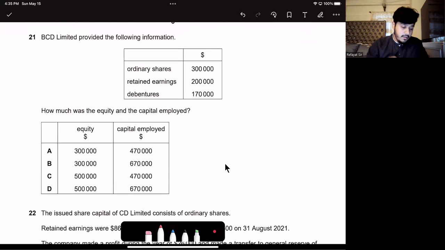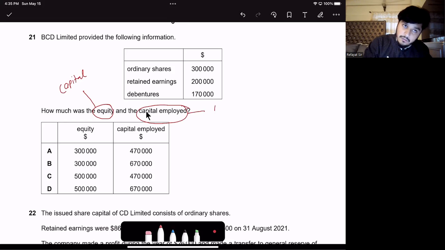Number 21. BCD Limited provided the following information: ordinary shares, retained earnings, debentures. How much was the equity and capital employed? Equity means, as we all know, capital. Capital employed stands for equity or capital plus non-current liability. But equity for a limited company comprises all the share capital and reserves.